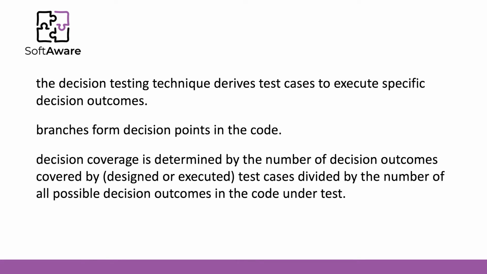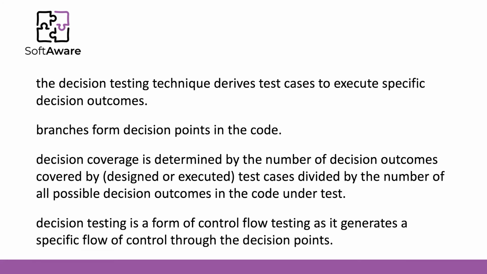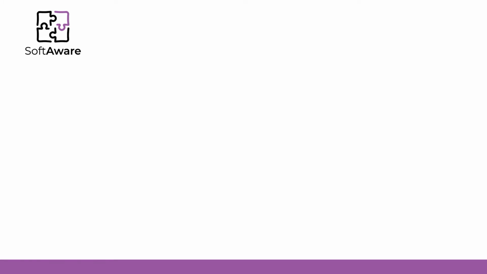Decision coverage is determined, so it equals the number of decision outcomes covered by the designed or executed test cases divided by the number of all possible decision outcomes in the code under test. Decision testing is a form of control flow testing as it generates a specific flow of control through the decision point. So it specifies a path, a flow that goes through the execution of your code.